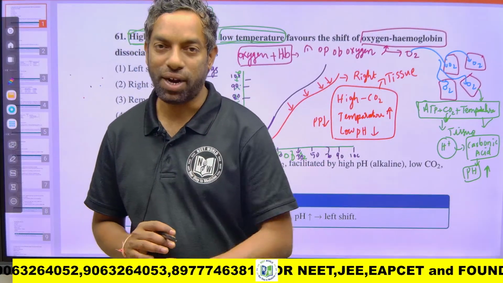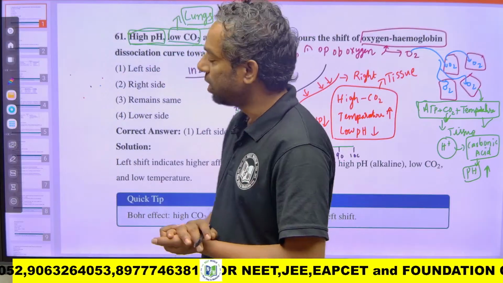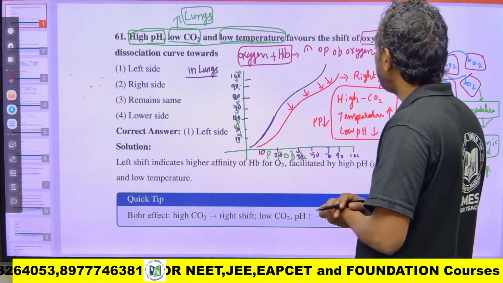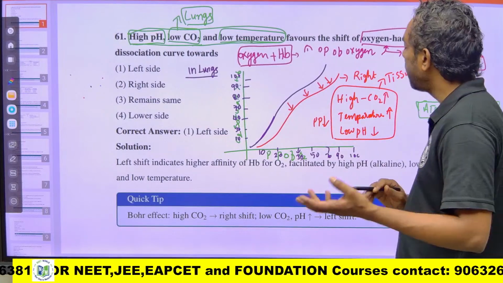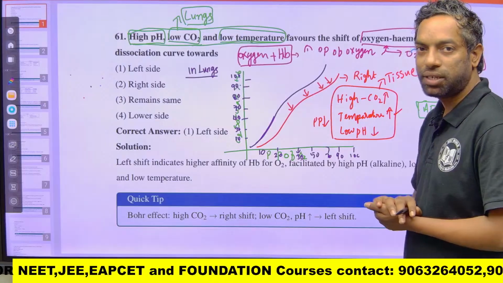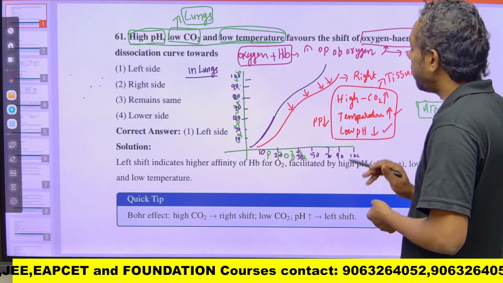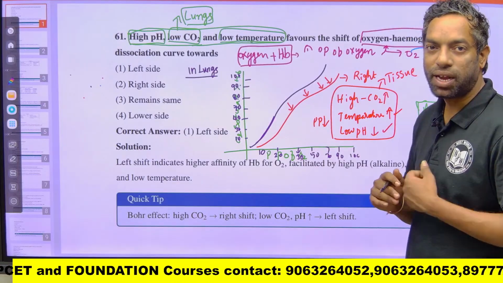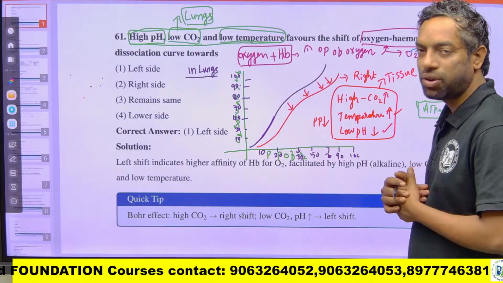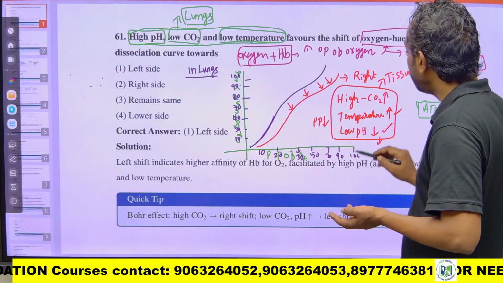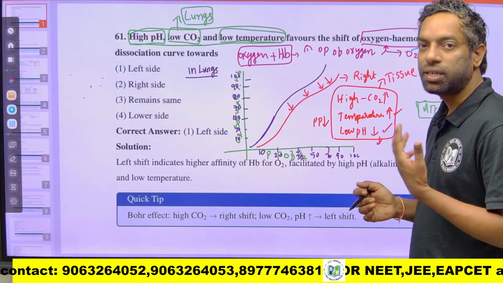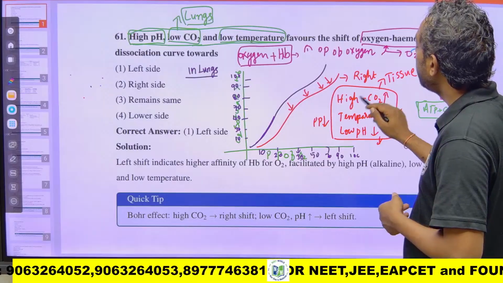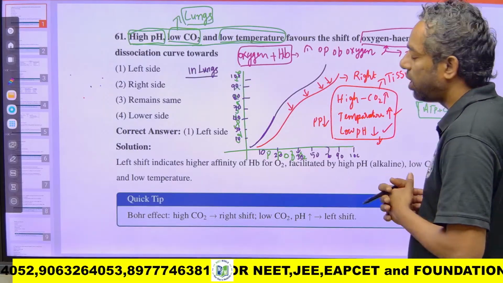That is the Bohr effect. Metabolic rate increases, so heat and temperature are generated, and carbonic acid keeps the pH low. This condition shifts the curve rightward.